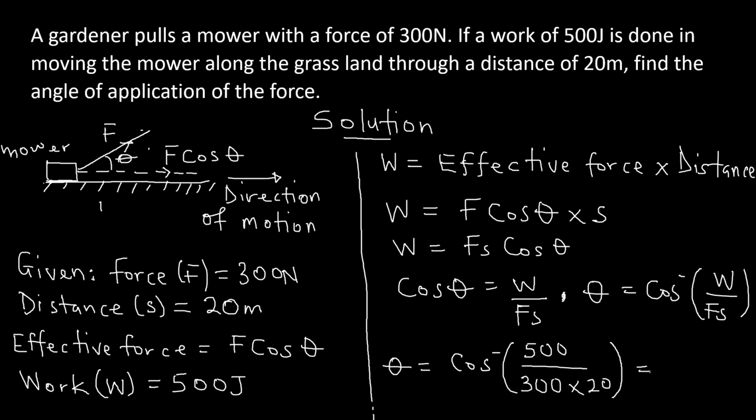If you punch this into the calculator, you're going to get 85.22 degrees. So the 85.22 degrees is the angle at which the force was applied on the mower to move it forward. So this is our final answer for the question.